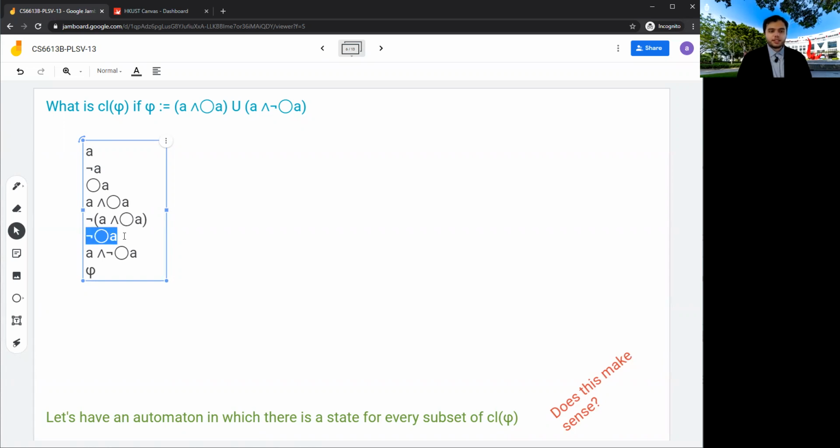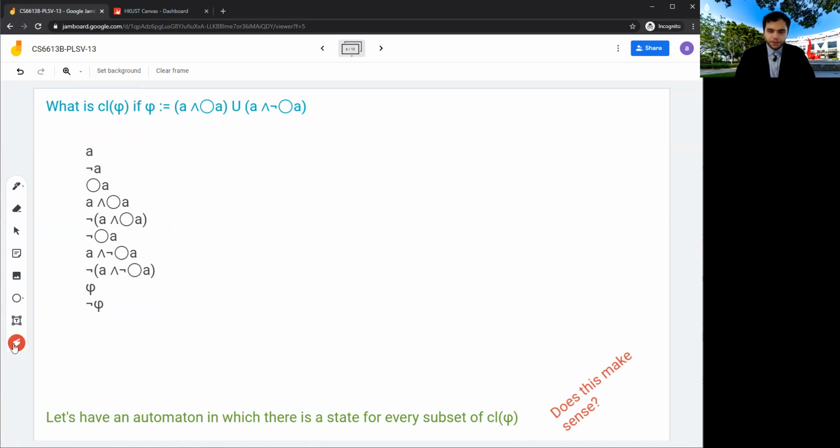You have not next A, so you should also have its negation. Well, we already have it here. You have this formula, so you should have its negation as well. And you have the original formula phi. You should have negation of phi as well. So this is the closure of this formula phi.